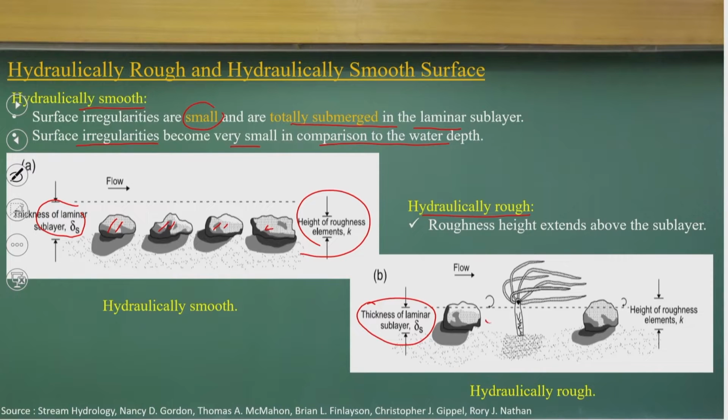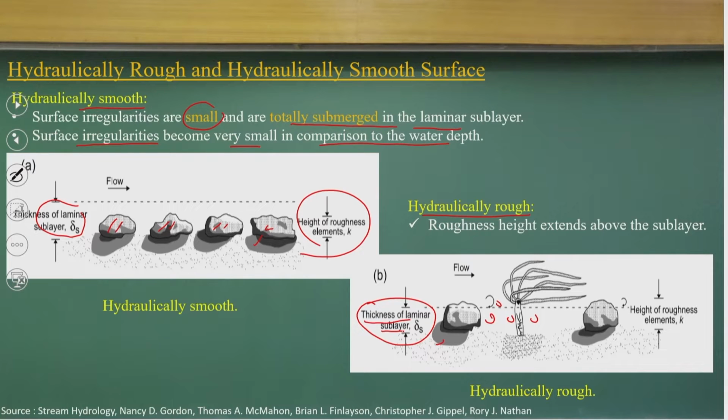Because of that, the eddy formations in this case will be different, since the surface roughness is beyond the laminar sublayer thickness, inside the transition layer.